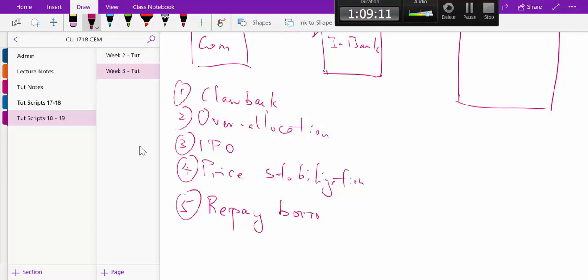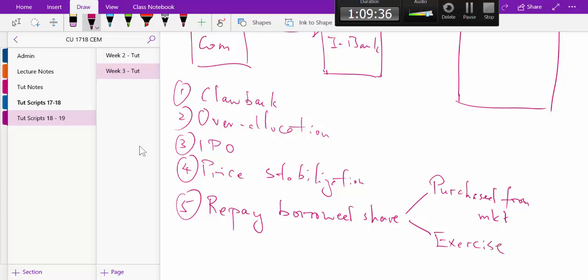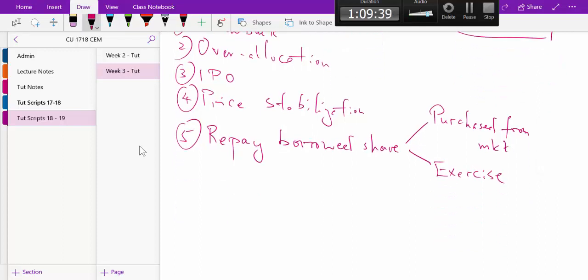Now, how do you do that? How? There are two ways. The first way is maybe you purchase from the market. Or maybe you exercise the green shoe. By the way, it can even be a combination of the two, as you saw in one of the assignment questions, I think it was an in-class assignment.